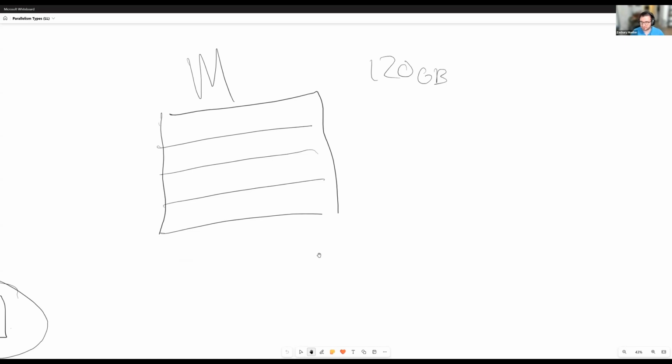Really, really big model, just for the sake of visualizing this. Rather than splitting by chunks of layers, which is far too big for that 120 gigs, we're instead going to split the model at the layer level. So each GPU gets a chunk of that particular layer that it's operating on at any given moment.